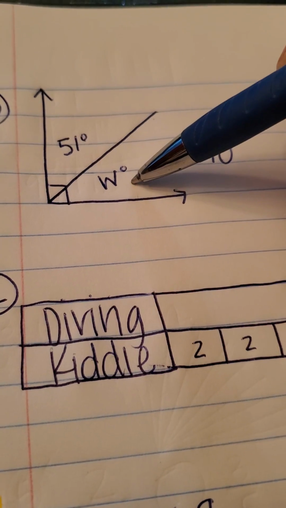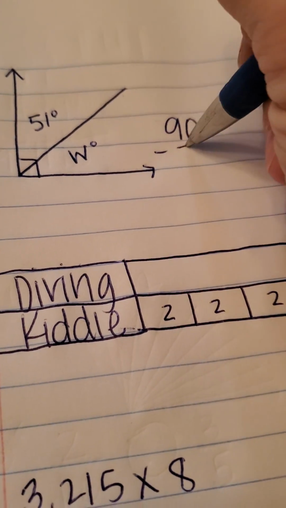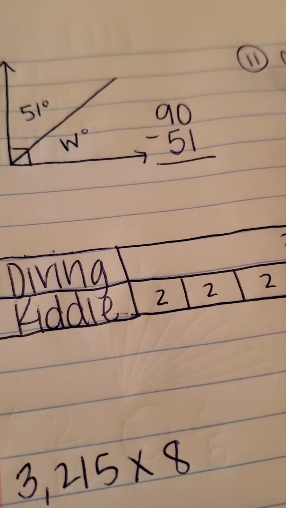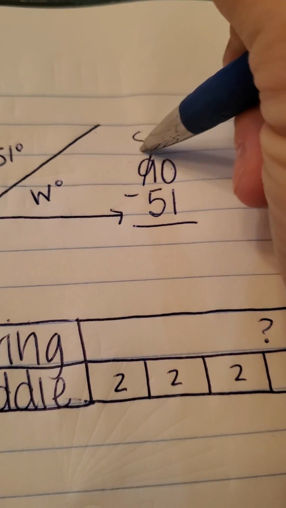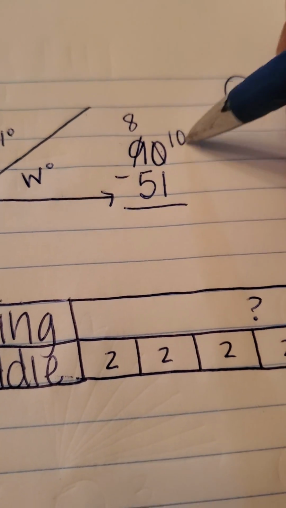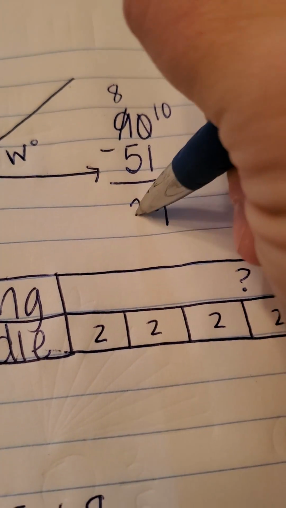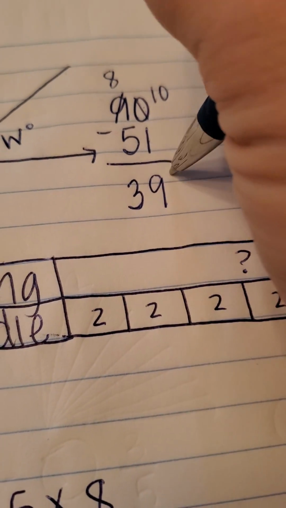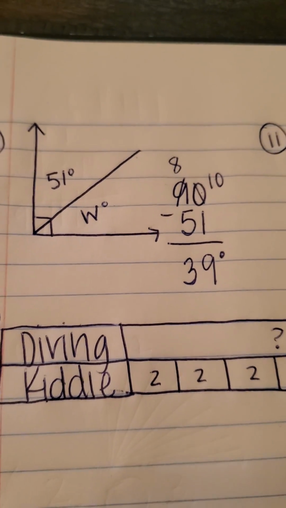So in order to find this one, we do the whole thing. So 90 minus 51. Okay, 0 minus 1 we can't do. We go next door. 9 becomes an 8. 0 becomes a 10. 10 minus 1 is 9. 8 minus 5 is 3. So this missing angle W is 39 degrees.